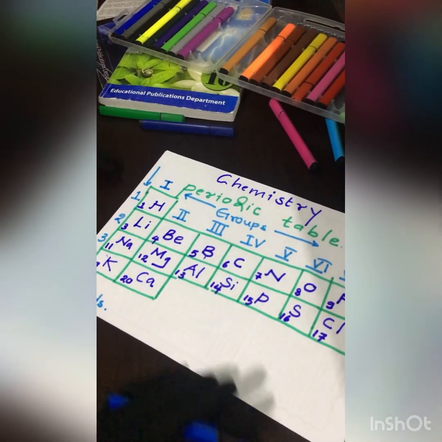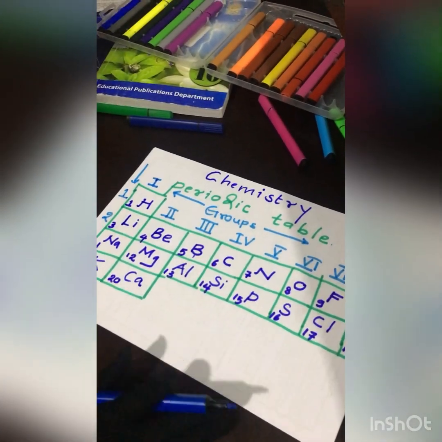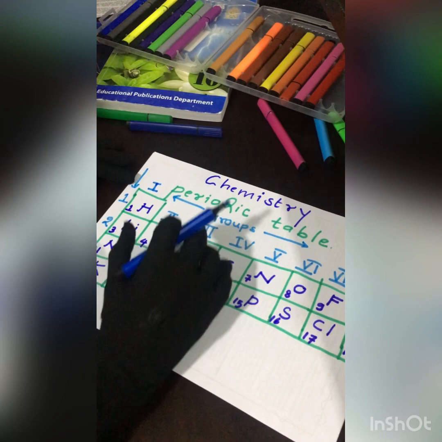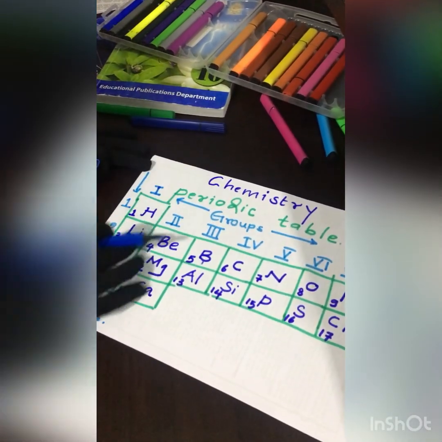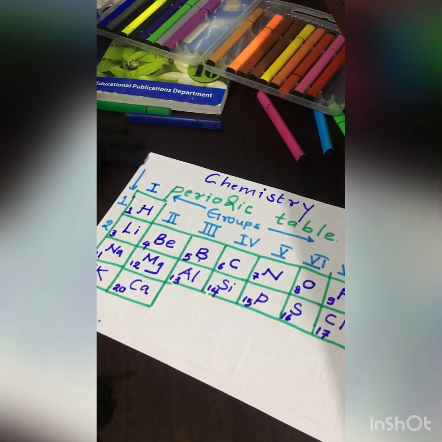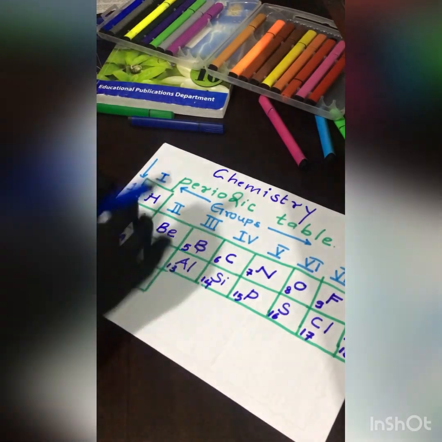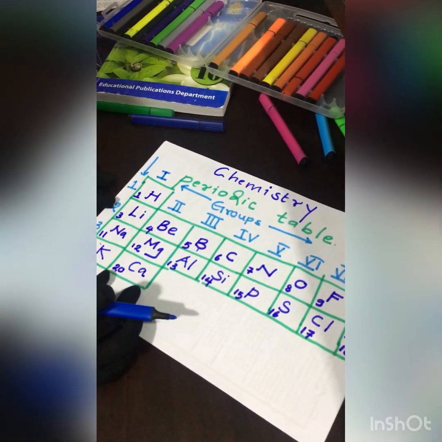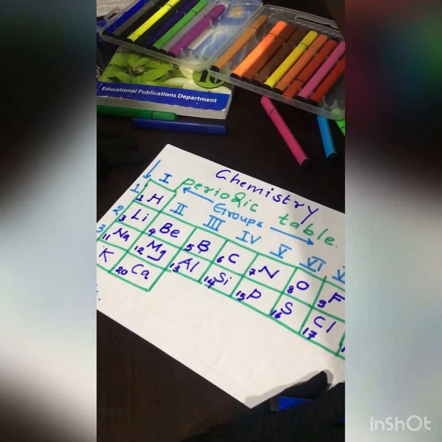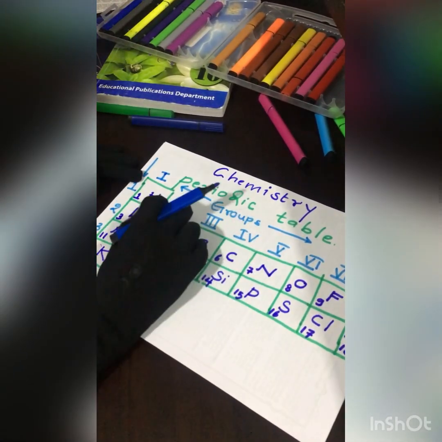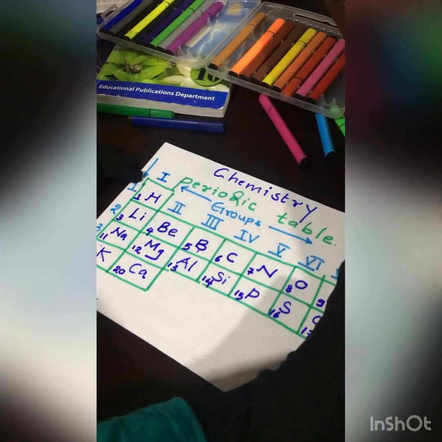So guys, now I have completed drawing the periodic table and I have explained about the groups and the periods that is present in the periodic table. Now let me say you all once again, there are 20 elements that is a must for all the O-level students to learn it properly. And there are 8 groups in the periodic table.